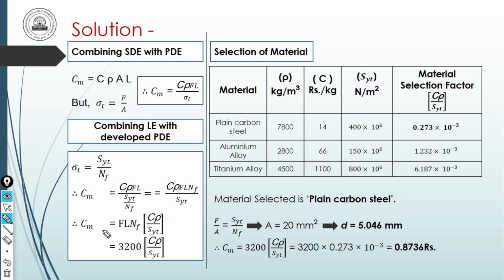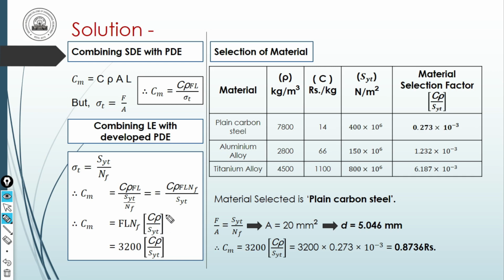So if we combine the constant values, that is F, L and NF, we can rewrite this equation as Cm is equal to FLNF, that is force into length into factor of safety into, now these are the variable parameters, that is cost per unit mass into density of the material by yield strength.